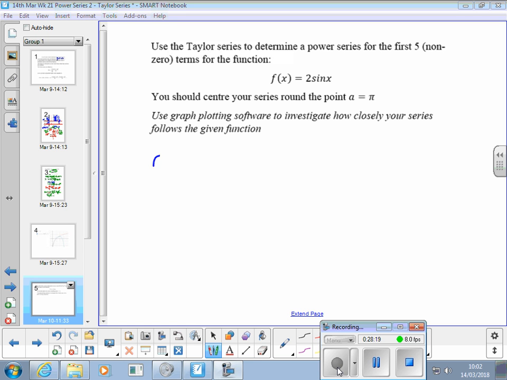We've got f(x) equal to 2 sin x, so f at a equals 2 sin of pi, which is nothing.